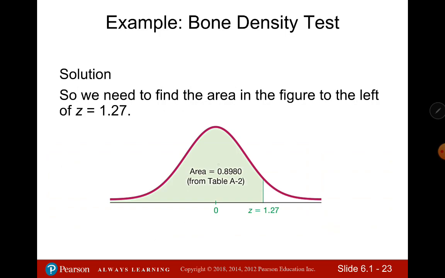So this is just the area. We get this area from the table. Again, how can we check the table? Make sure you check the z here, because z is 1.27. First, we check the left column for 1.2. Then we check the top row for 0.07. After that, you can locate the value we need. In this case, it's just the value.